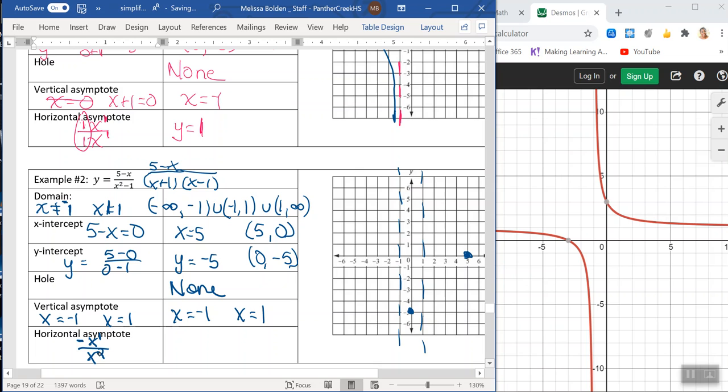The bottom is bigger than the top, it's bottom heavy, so the horizontal asymptote is y equals 0. When the exponent in the bottom is bigger than the one at the top, then the horizontal asymptote is y equals 0. So we sketch that like that. All righty? So now we're going to graph it to see what we got.